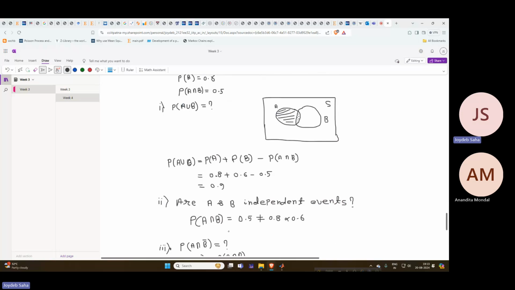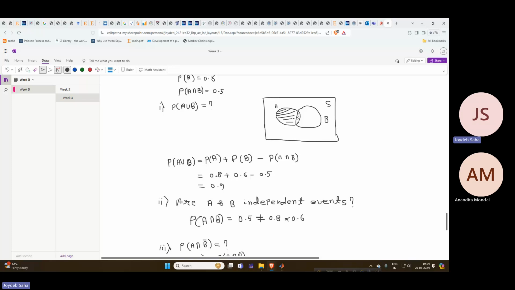Take 2-3 minutes and think, first think about what A complement intersection B complement indicates.